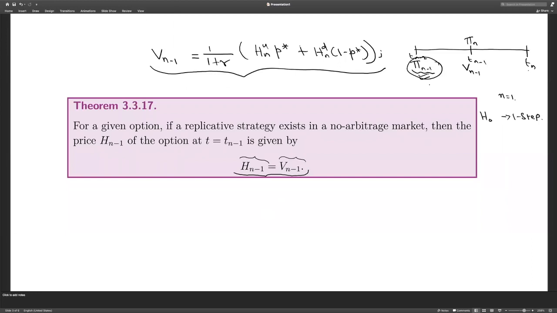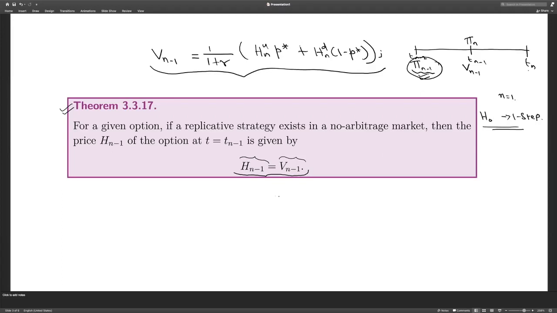Why is it so? Well, the proof of this theorem goes exactly how we have done the pricing theorem in the one-step method. We have proved it fully in the class. So the same idea goes with this also.